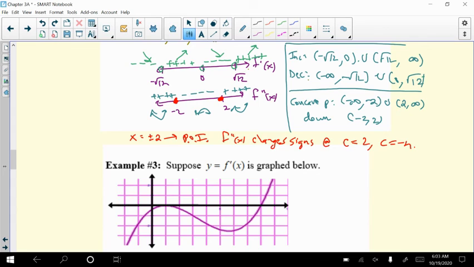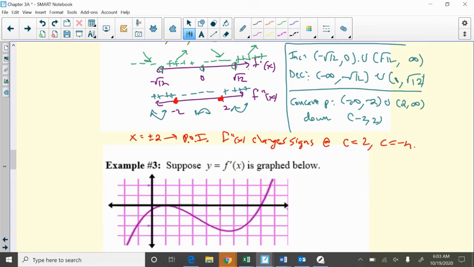Those are points of inflection because the second derivative changes signs. And as long as you talk about the fact that it's changing at that instant, that's exactly what you need. Again, our worst motivational speech ever, being 0 is not good enough. But that means just don't be 0. Make sure you're also changing signs.